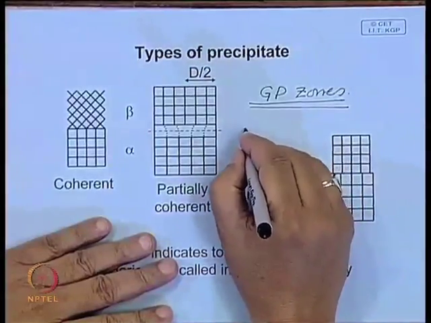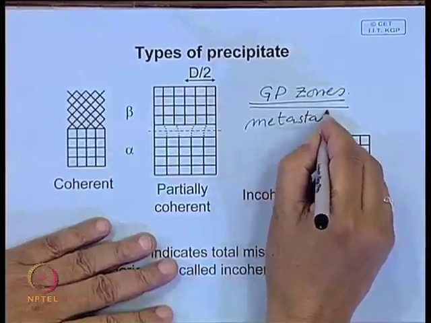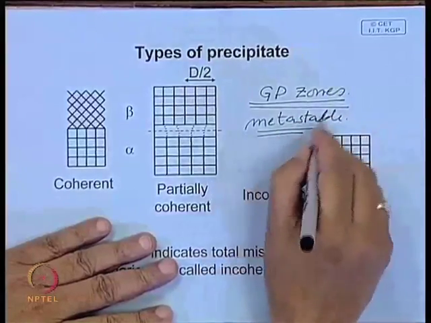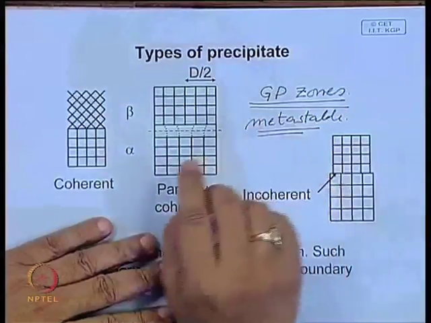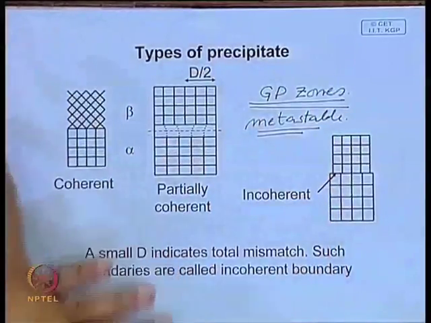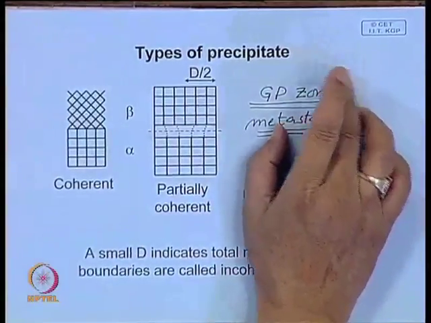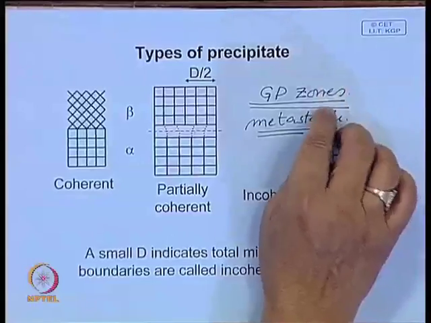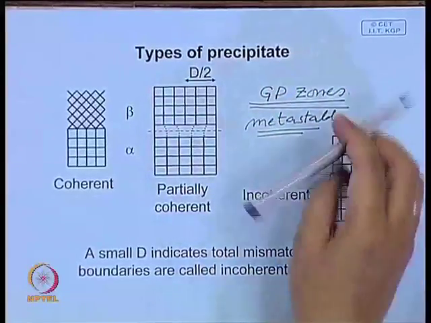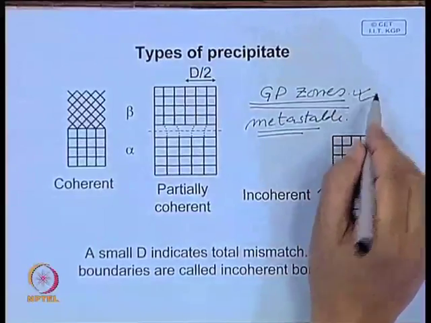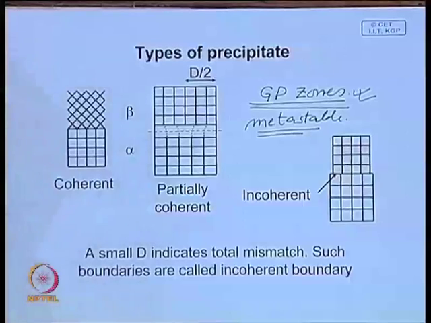These are metastable precipitates which initially form during aging. Their free energy is higher, but because of kinetic and surface free energy considerations, they appear before the stable precipitates appear in the matrix.